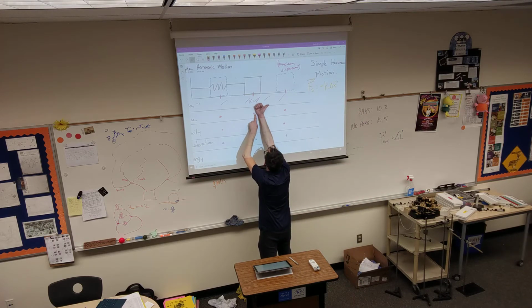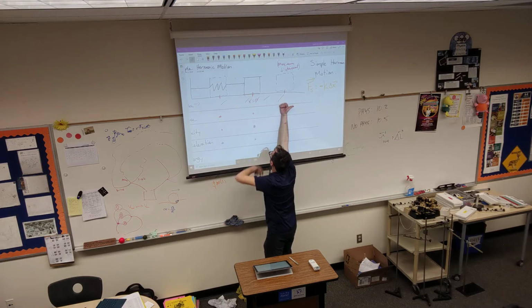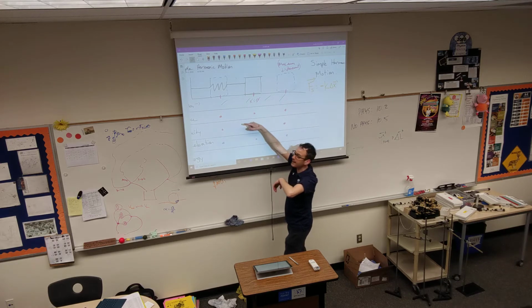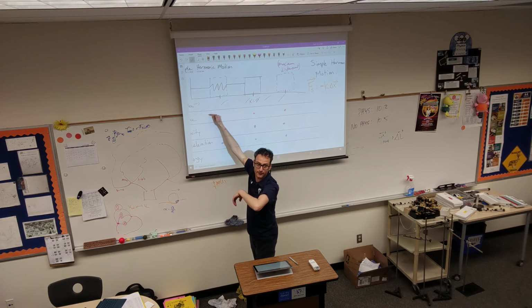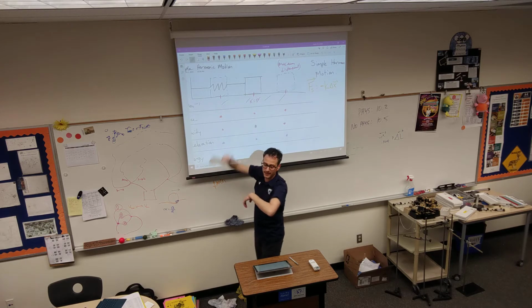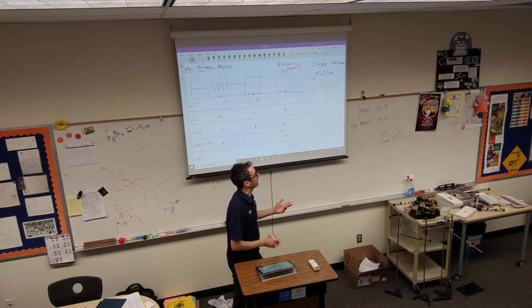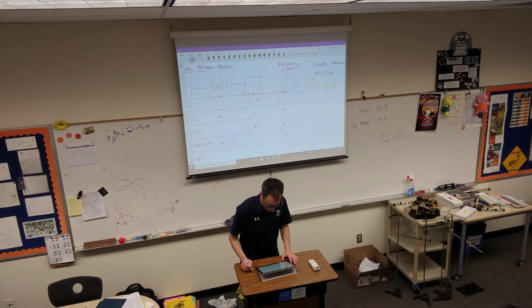If my displacement points to the right, which way does the force point? To the left. And if my displacement points to the left, the force points to the right.